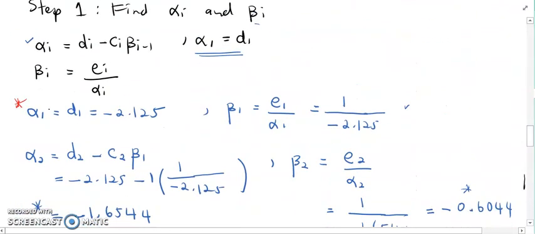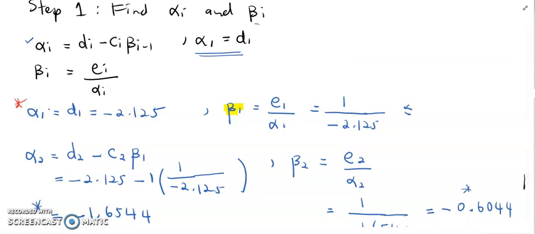Beta 1 is what? Beta 1 is this one. Maybe I can simplify this: negative 1 over 2.125.